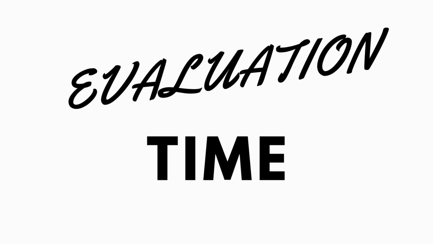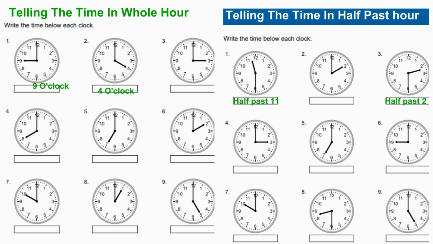Evaluation time. Telling the time in whole hour. When your short hand is on 9 and your long hand is on 12, that is 9 o'clock. When your short hand is on 4 or any other number and your long hand is on 12, that is 4 o'clock.